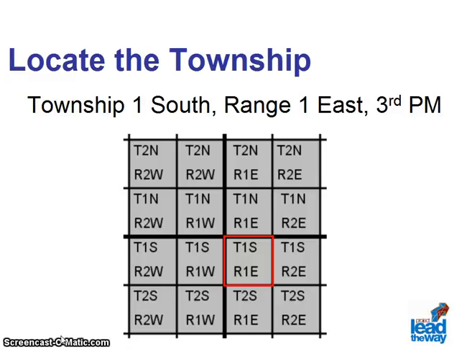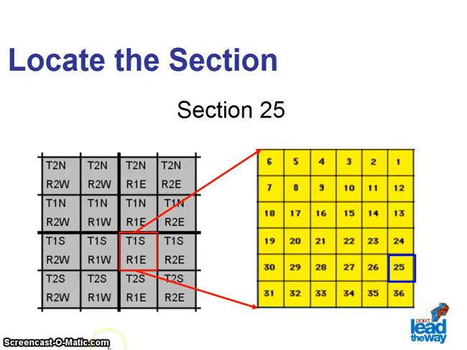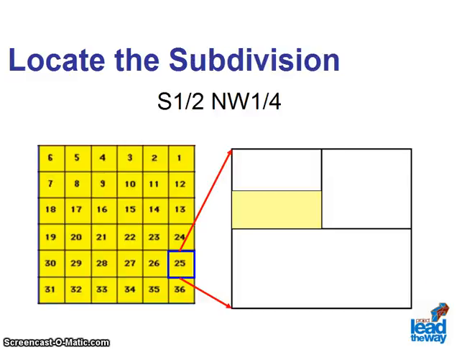Starting with the unit of land described by the 3rd principal meridian, we identify Township 1 South, Range 1 East. Next, identify the section specified, Section 25. Last, we need to locate the subdivision of the section. South 1/2, Northwest 1/4 means the south half of the northwest quarter, the area you see shaded.